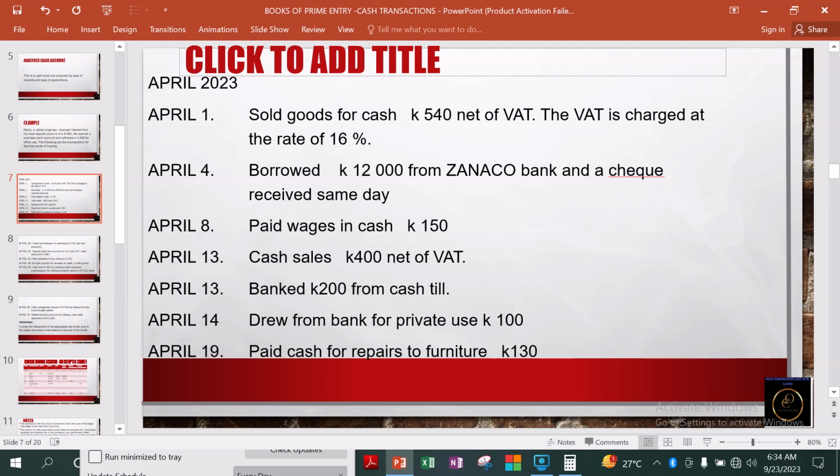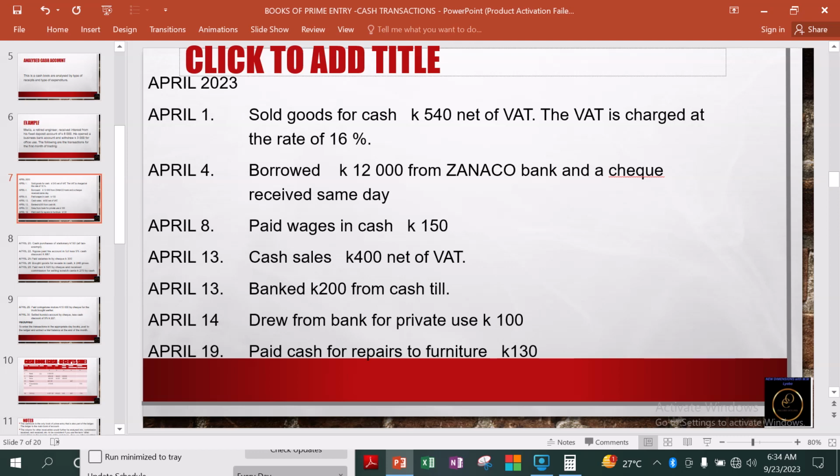But we have to calculate the VAT so that the information is complete. So let's look at how we are going to enter this transaction that took place on the 13th of April involving 400 kwacha net of VAT as cash sales.